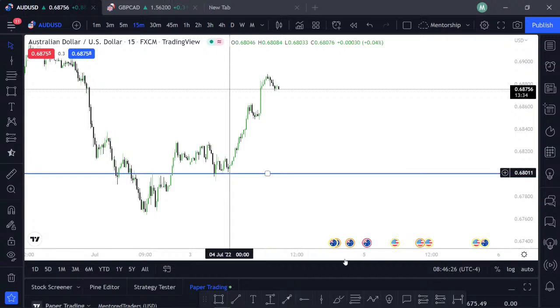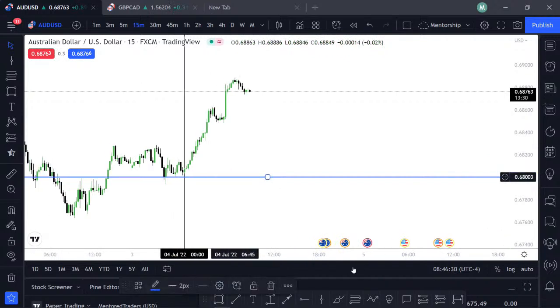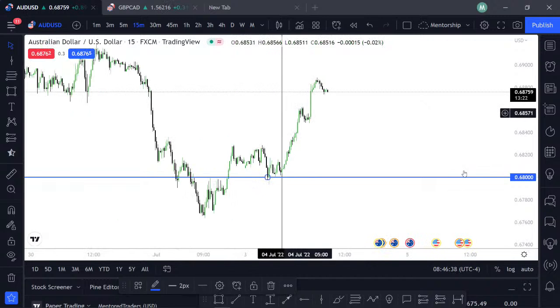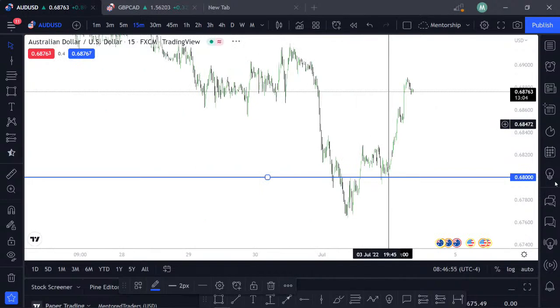Okay, we call it the manipulation at midnight. So at midnight, when trading that pair, this was the manipulation. This is what I told you not to chase. This one here at around 45 minutes past 5 o'clock in the morning, not this one. Okay, manipulation at the 50 level here.